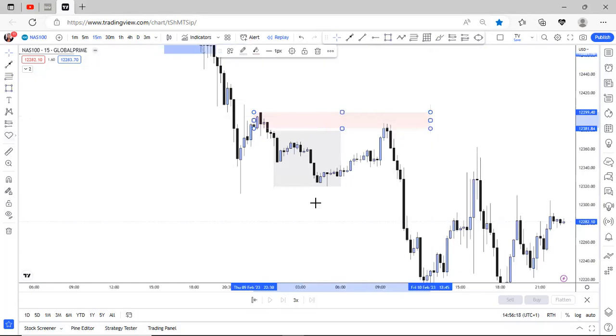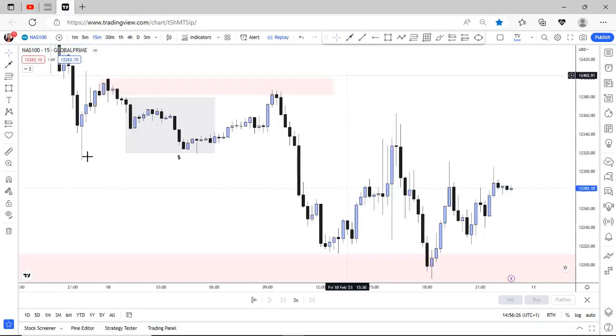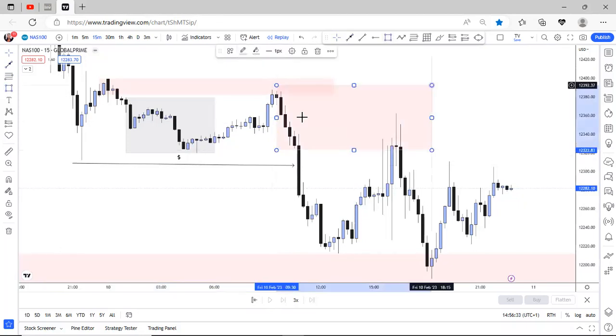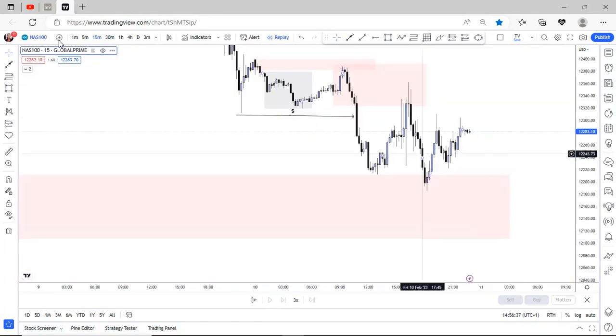We have this Asian range low right here. The market mitigated this supply level and pushed down. And not just that, after we broke below this low, the market came back and mitigated this level of supply right here, and the market started pushing down again.